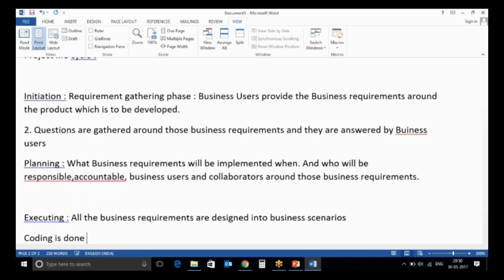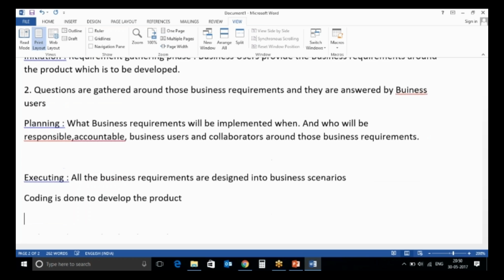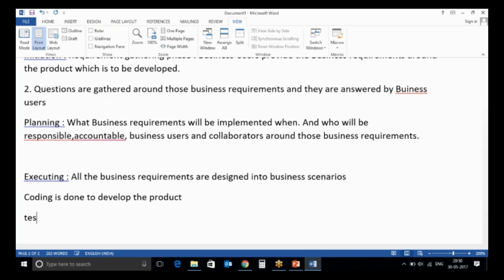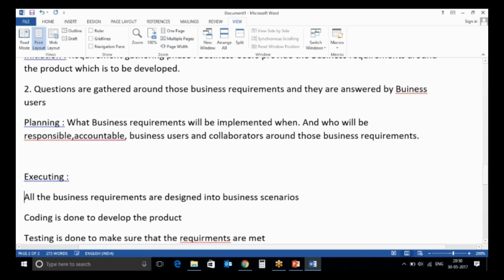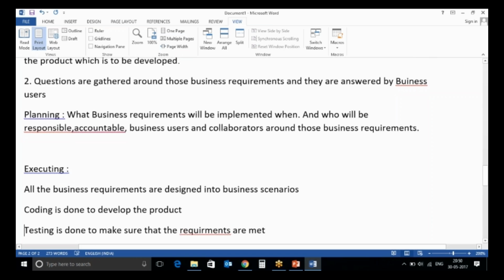Coding is done to develop the product. Testing is done to make sure that the requirements are met. So these are the different things that are done in the executing phase.